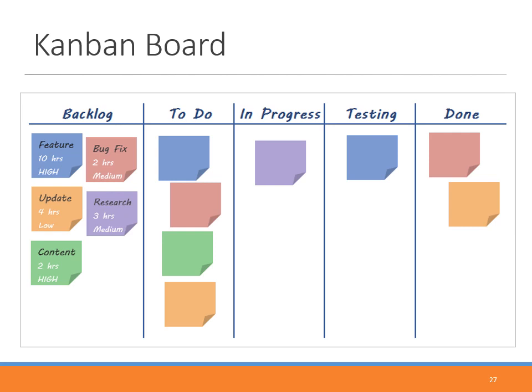This is another example of a Kanban board. It is a little bit more advanced, but it gives detail and is very nicely designed as well. You can see that on the very left lane, first we have the backlog, a list of all the works we have to do. Each post-it or card includes the title of the work, how many hours are required to complete the work, and the priority.